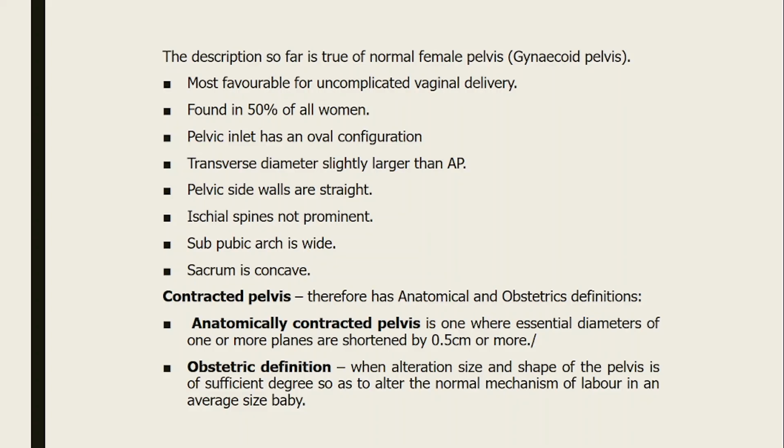For instance, if the transverse of the inlet is 12 and the AP is 10, of course that shows there is a contraction at the pelvic inlet. So where the diameters of one or more planes are shortened by 0.5 centimeters or more, we talk of an anatomically contracted pelvis.